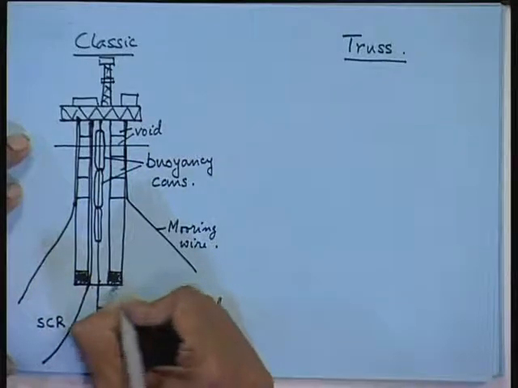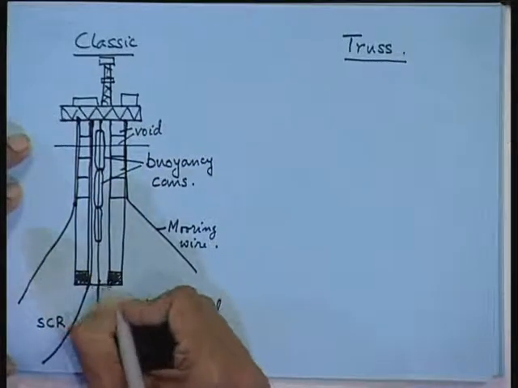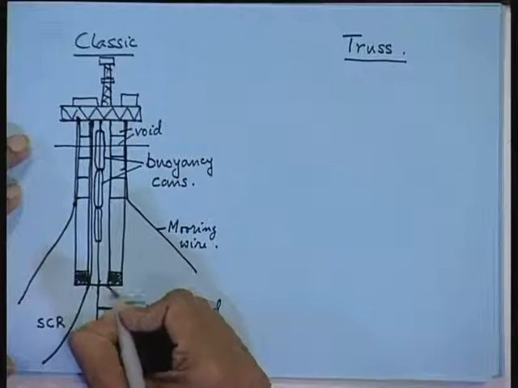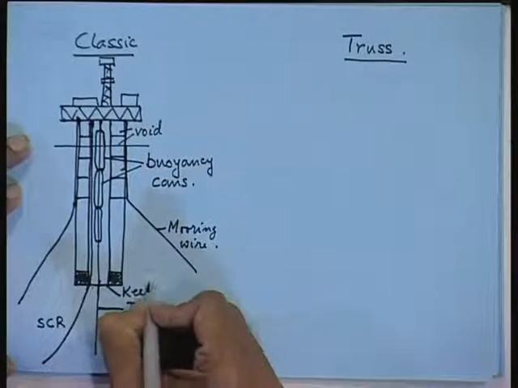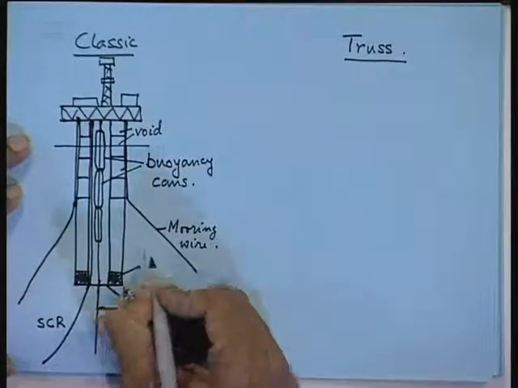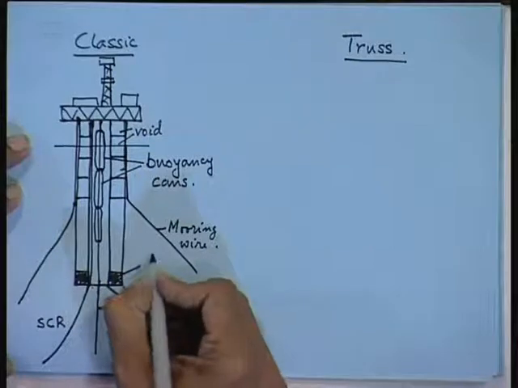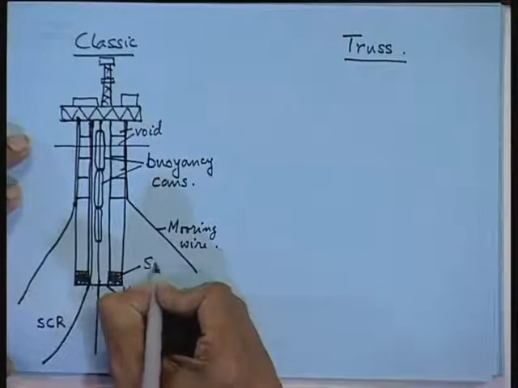Now, at the bottom, this is your keel and this is called the soft tank.